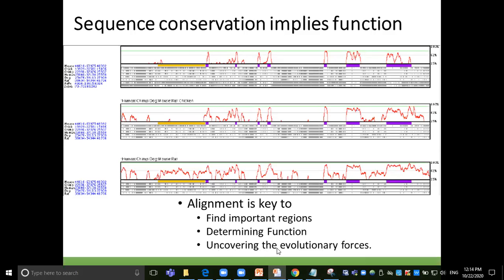Let me draw this for you. In the classroom I normally use the board. So what is a conserved region? Assume these are nucleotide sequences, and you can find several nucleotides are similar.